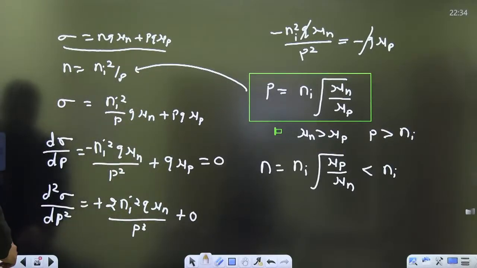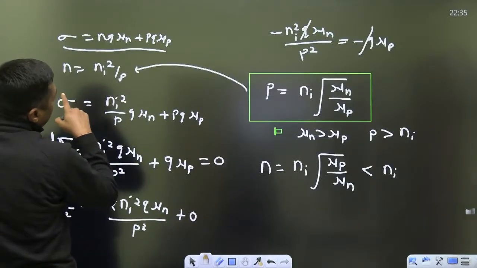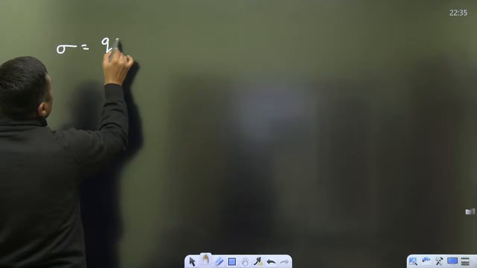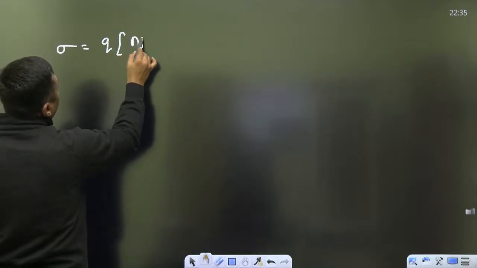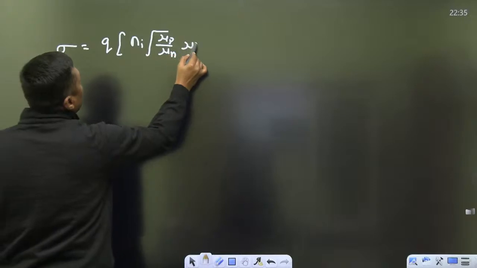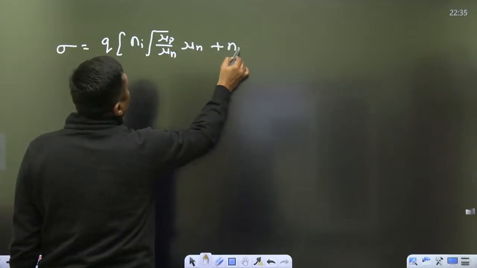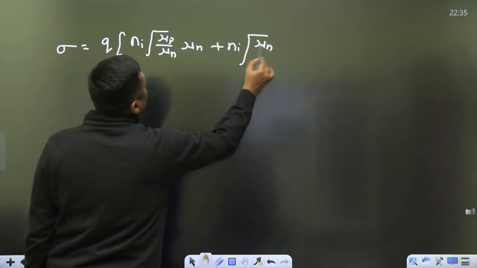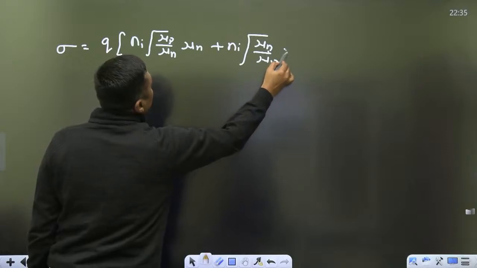When we are putting this value in sigma minimum, sigma will become, what is the concentration of n? q is constant, ni root over mu p by mu n into mu n, plus ni, what is the concentration of hole? Root over mu n by mu p into mu p.